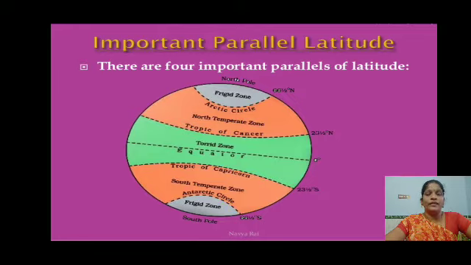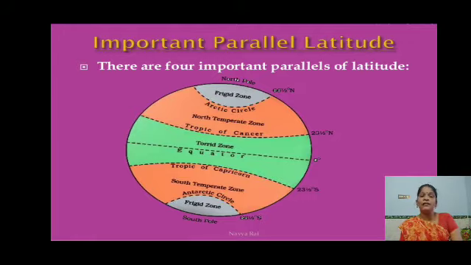180 latitudes. Among the 180 latitudes, we take 5 important latitudes. How many? 5 important latitudes. What are the 5 important latitudes? First one is 0 degree, the Equator.